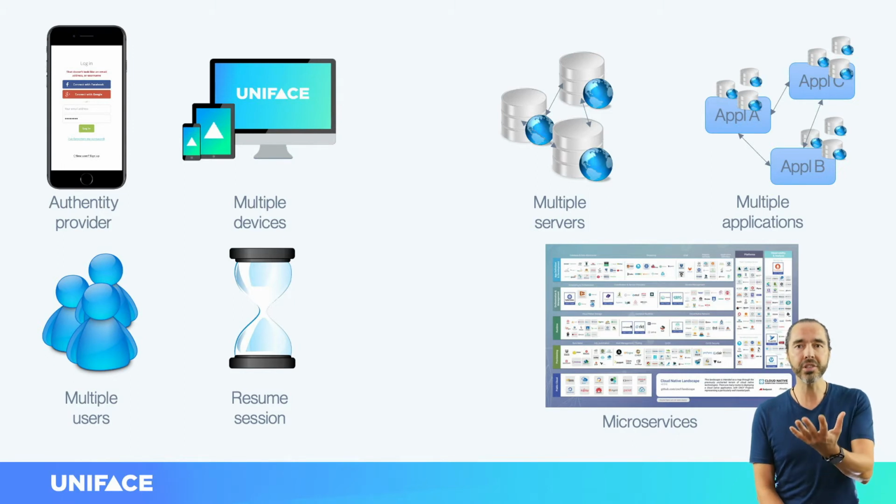You can't use a session ID there, because the authentication is done by another application, another server. Or you want to use multiple devices or different clients. You want to use Teams or Zoom on both your phone and your notebook at the same time, but you're still the same person. You can't use a session ID there.